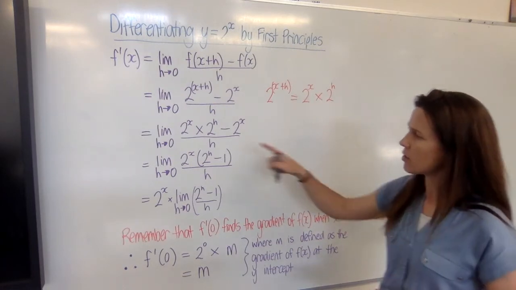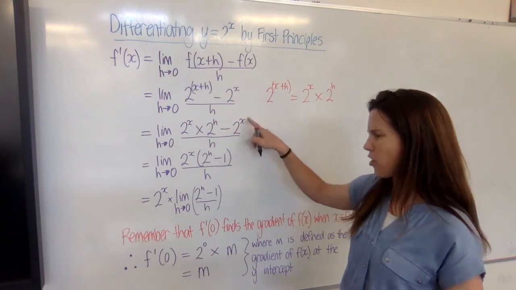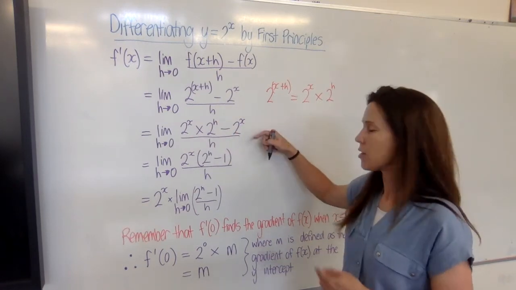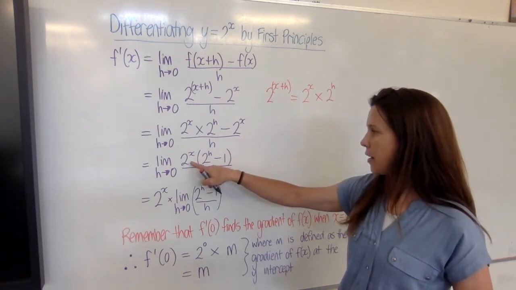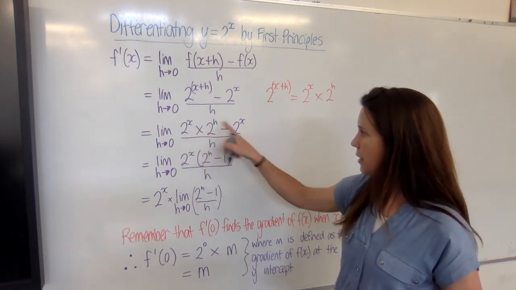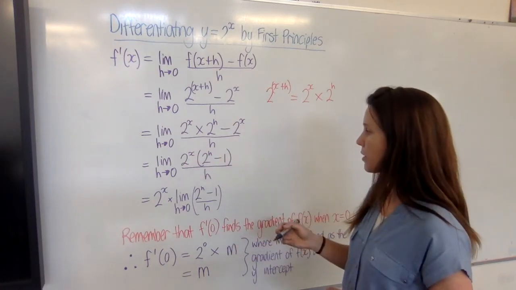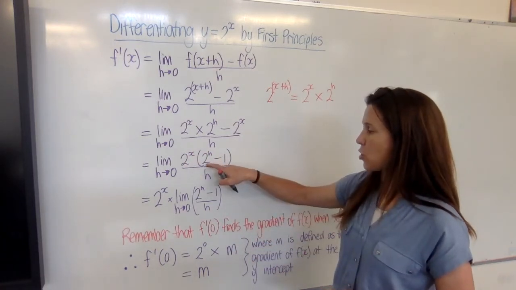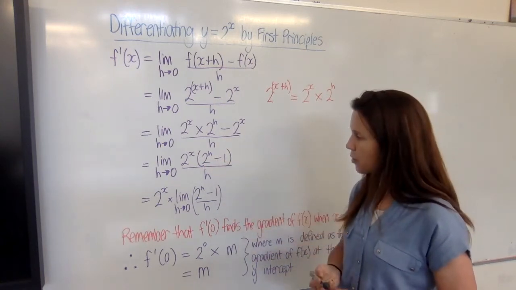Well, because I've noticed that it gives me 2 to the power of x times 2 to the power of h, and I've got another 2 to the power of x over here, so I can actually factorise. So on the next step, I've factorised and said this term and this term both have 2 to the power of x in them, so I'll bring that out the front of some brackets, and that gives me 2 to the power of h minus 1 inside the brackets all over h.